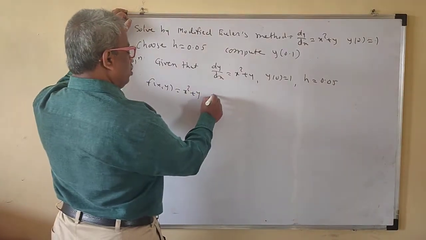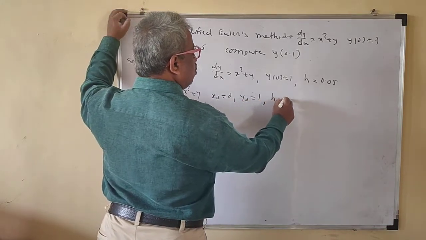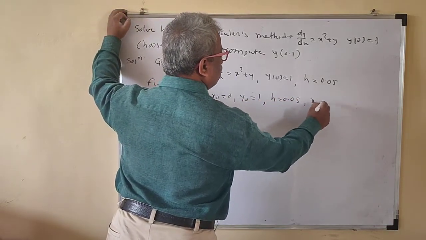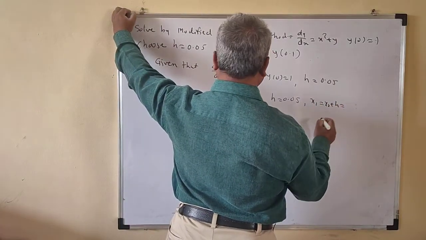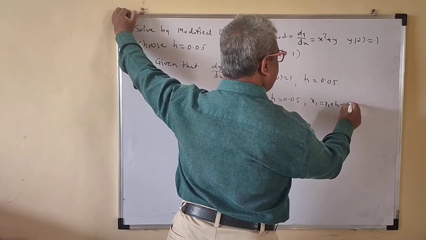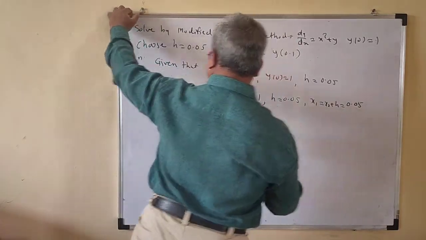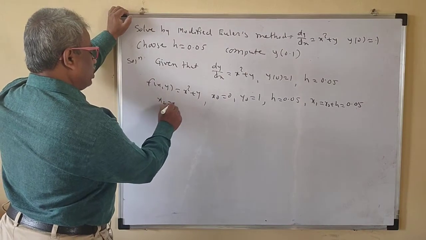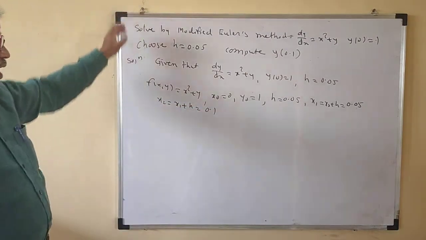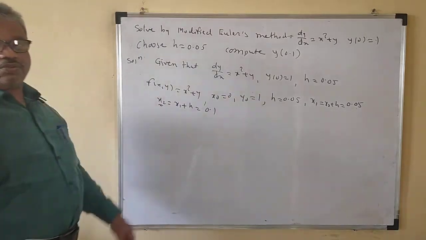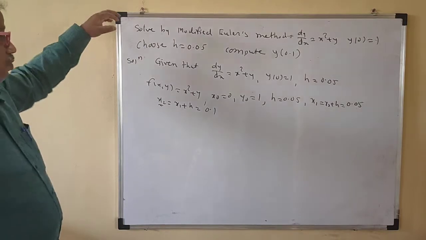Okay, x naught 0, y naught 1, h 0.05. x1 is x naught plus h, so 0.05. x2 we'll find: x2 is x1 plus h, so 0.1. Now we are interested to find y2. We'll find y1 and y2.